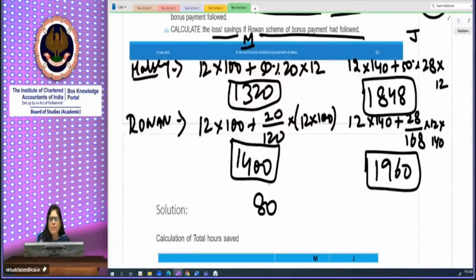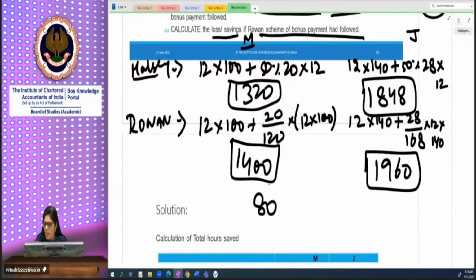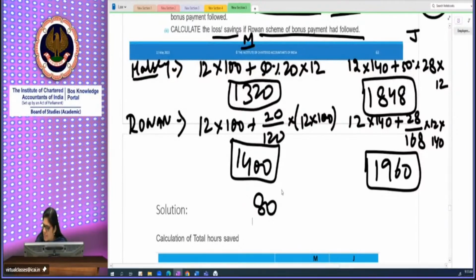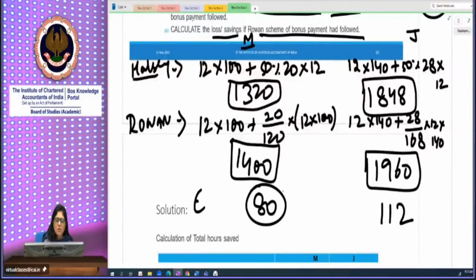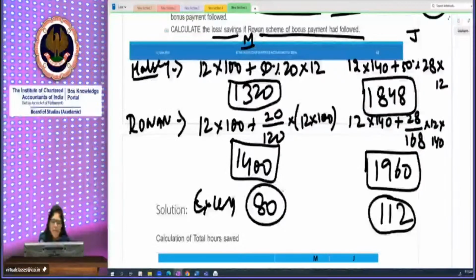And here 1960 minus 1848 is 112 under J. All right. So if you are following the Rowan system, 80 is the excess loss due to Rowan, and here in case of J, it is 112. So that is the excess loss, part number 3.